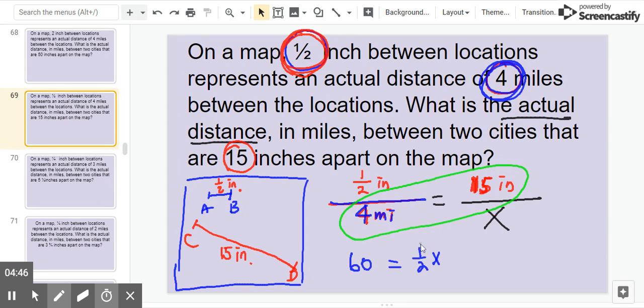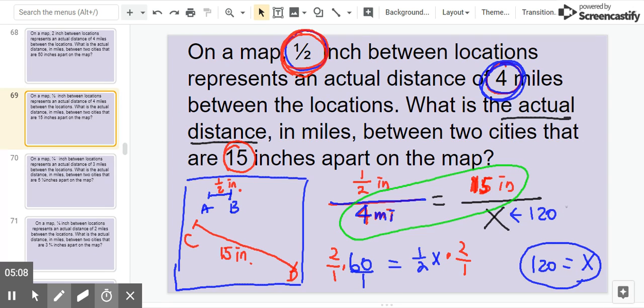And we know how to undo this, times by 1/2. You multiply by the reciprocal. So x is going to be 120. So actually, this 15 inches represents 120 miles.